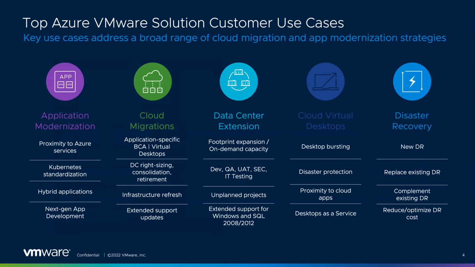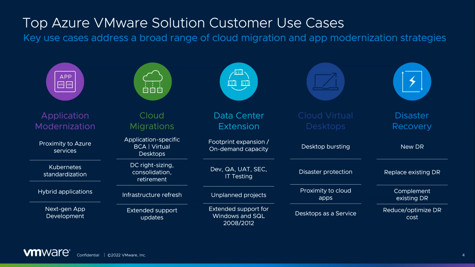It allows you to standardize your Kubernetes platform, perhaps using Tanzu, perhaps using another platform that's vSphere-based. You can run that inside of the Azure VMware Solution as well. Cloud migrations, so consolidating, retirement, or right-sizing of your on-premises data centers, allows these workloads to be migrated into a VMware-based environment without having to reformat, refactor, or modify them.